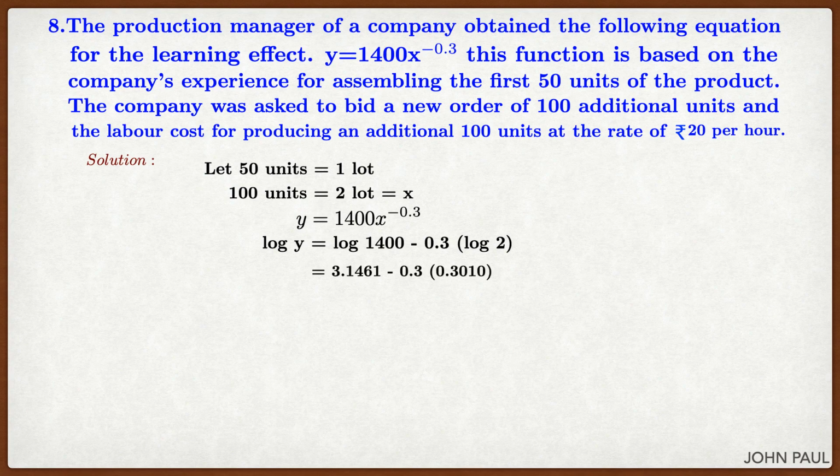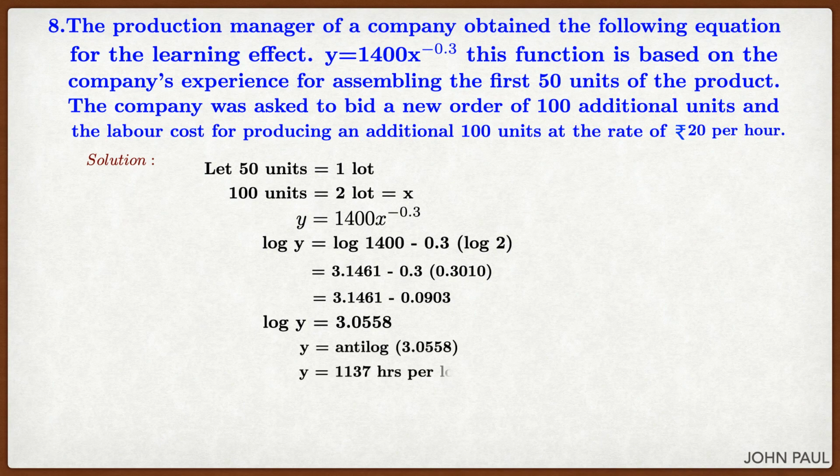Log 1400, 3.1461 minus 0.3 into 0.3010. By simplifying, we get log y equal to 3.0558. Find the anti-log. You get 1137 hours per lot.